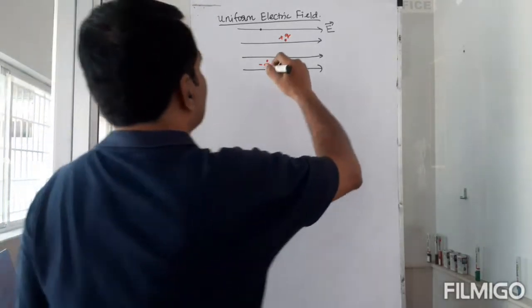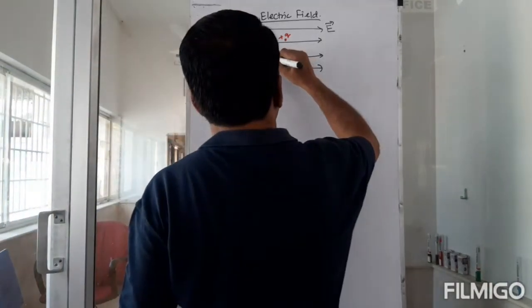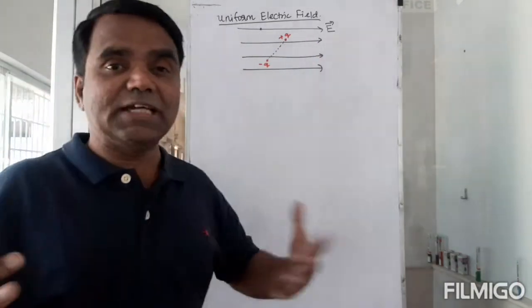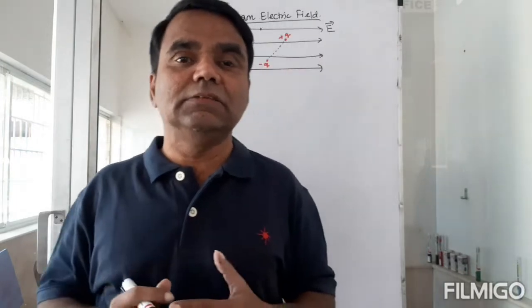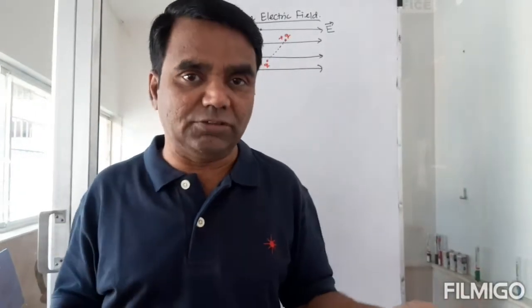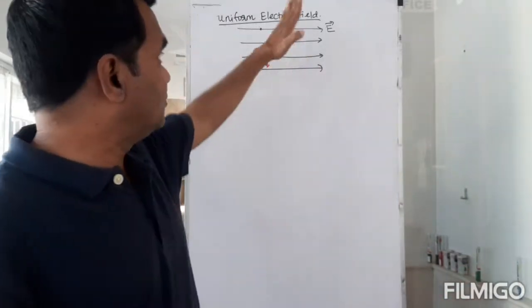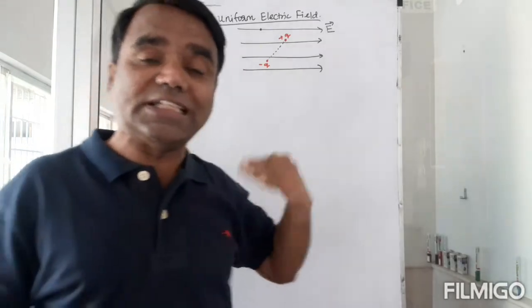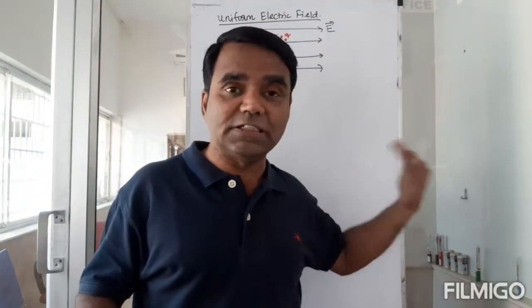Then what do you think will happen? A dipole is basically a combination of two charges, a positive charge and a negative charge. And if I keep these two charges in an external electric field, they're going to experience a force. Each of them will experience a force.